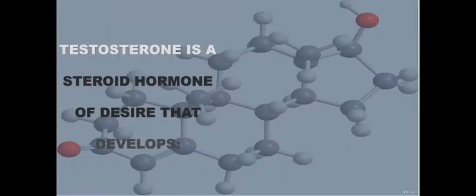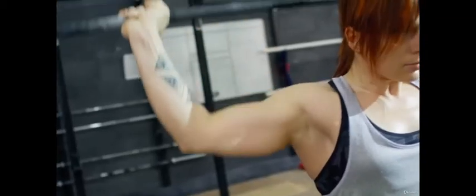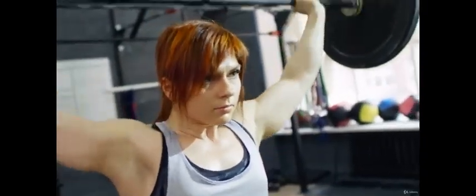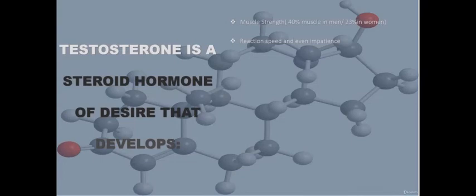Testosterone is a steroid hormone of desire that develops muscle strength: 40% muscle in men compared to 23% in women. Testosterone naturally facilitates the gain of muscle mass and strengthens the muscles by strengthening the bone and skeleton, reaction speed, and even impatience. 92% of drivers who honk at red lights are men.